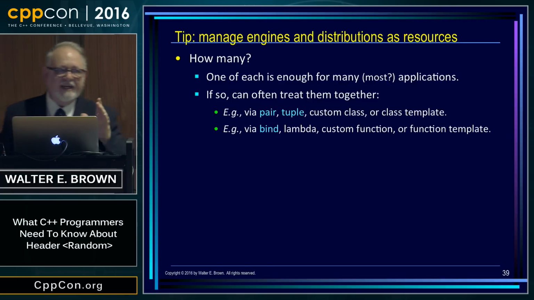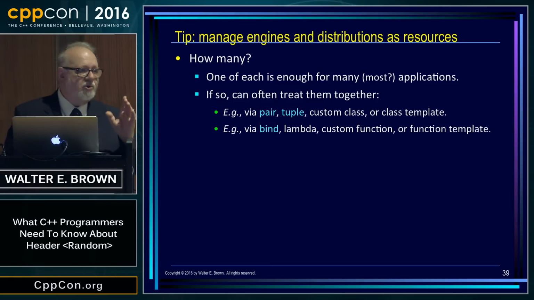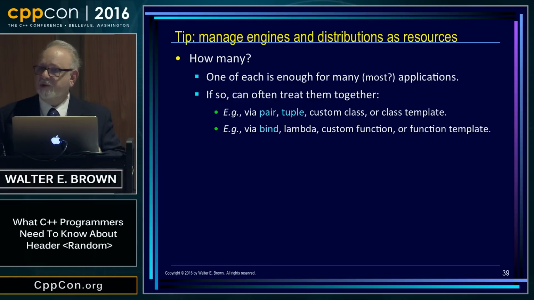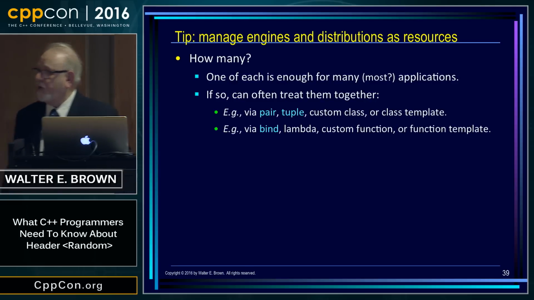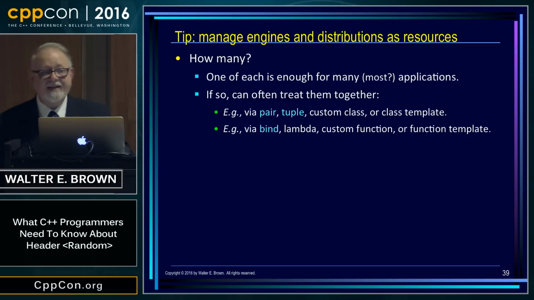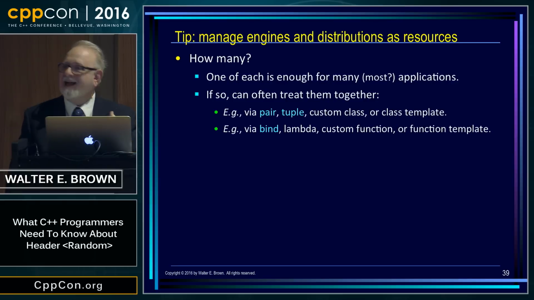If you get into anything that is at all sophisticated, treat these objects as resources and do it the same way. You may need to take explicit control over lifetime, okay? But if your application is fairly straightforward, you can often combine the engine with the distribution. And you've got lots of tools at your disposal to do that.